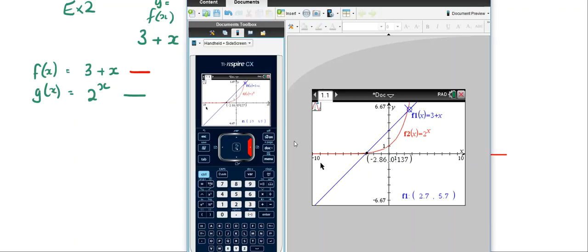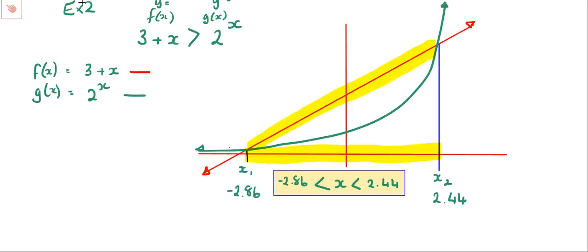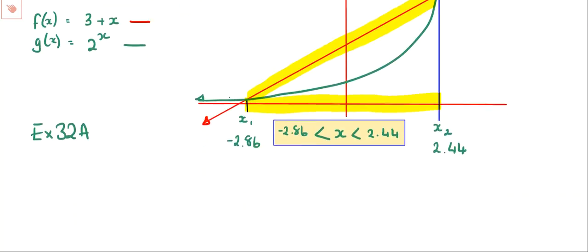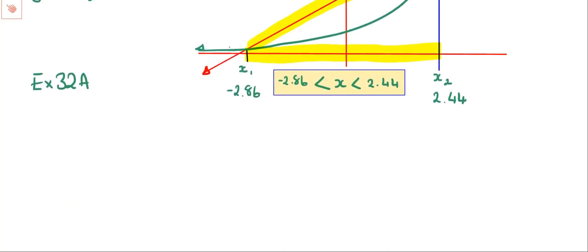Right. So I'll tell you what, let's have a bit of practice then. Exercise 32A. Have a look. Now, obviously, we've got 25 minutes.